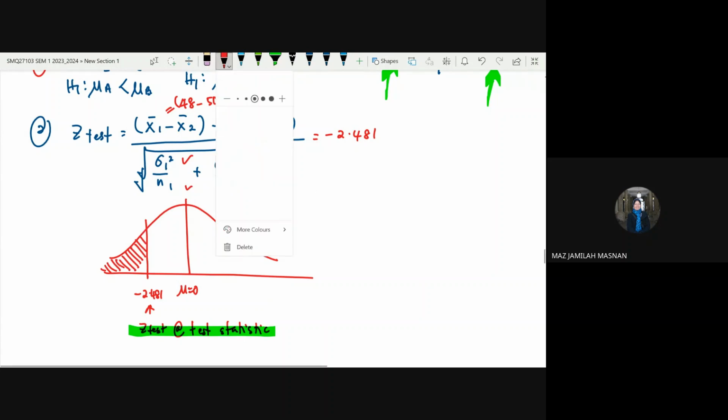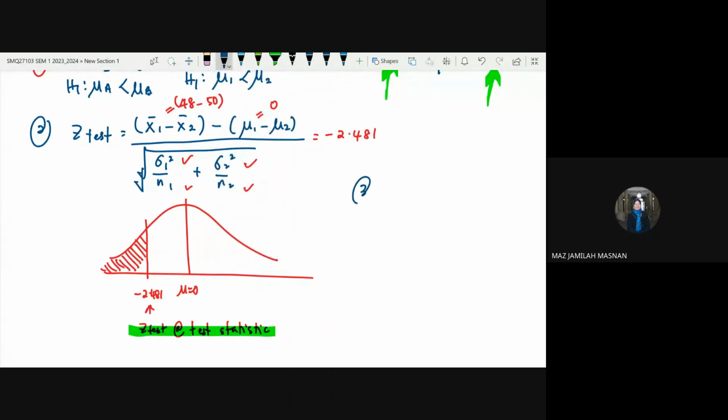Number 3 is your critical value, where your z is 0.01, which gives you negative 2.3263, and the value is somewhere over here. And this is your z alpha, z 0.01, which is negative 2.3263.